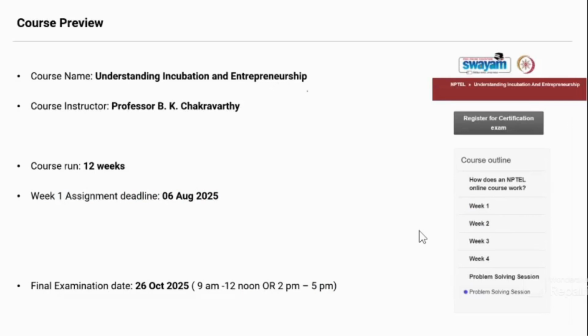All right, I think everybody knows the course name, and the instructor and the curator of the course is Professor V.K. Chakravarti sir. He was basically at the IDC School of Design, which is at IIT Bombay, and he was also heading a lot of activities in the DIC, which is the Design Innovation Center, which is again at IIT Bombay.